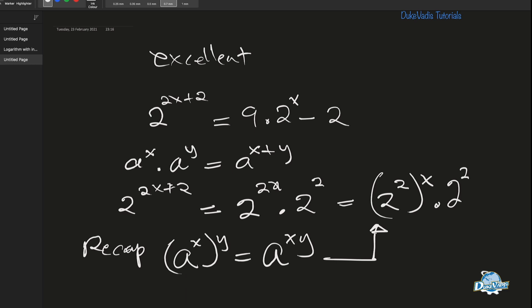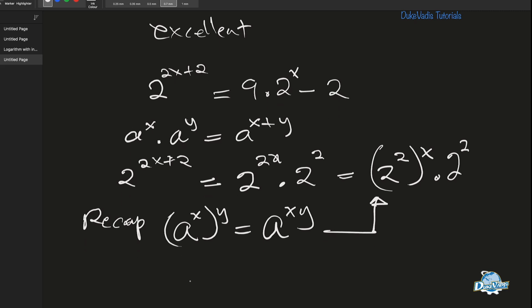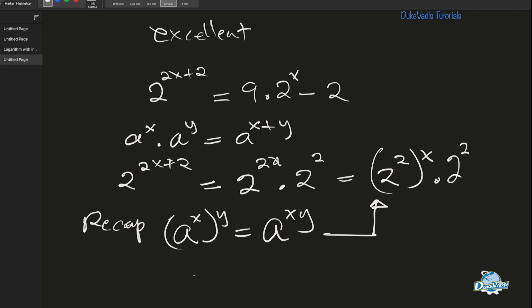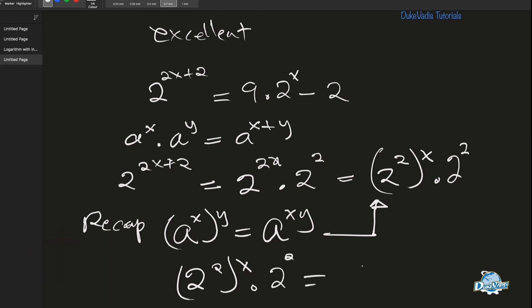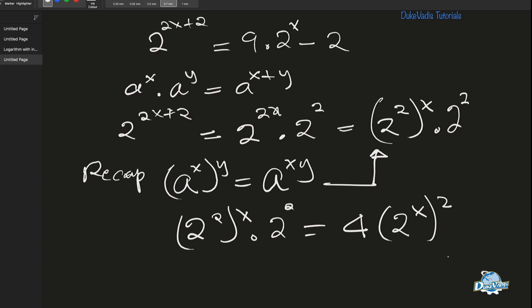Now, by so doing, let's move a little bit up and see. Then we can say 2 raised to the power 2 into bracket x multiplying 2 is given as 4 multiplying 2 raised to the power x into bracket 2. Okay? Now, let's substitute back to the original equation.